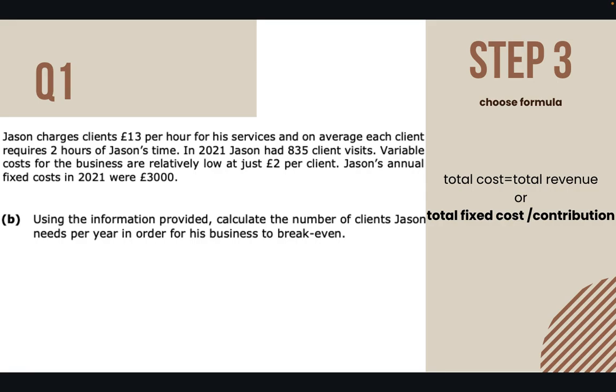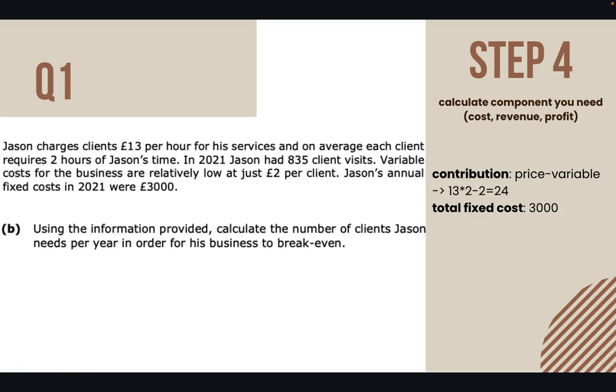And step 3, we need to choose a formula. It can be the quantity where total cost equals total revenue, or total fixed cost divided by contribution. And here we will choose total fixed cost divided by contribution. Then we need to calculate the component we need, like cost, revenue, profit, or contribution.